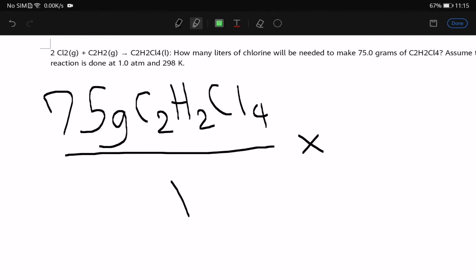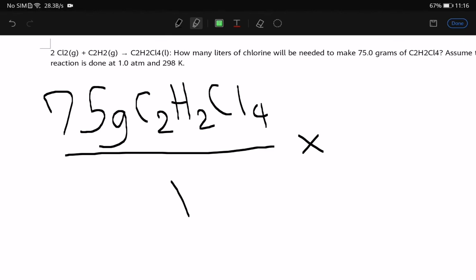Carbon has a mass of 12 times 2, which is 24, plus hydrogen, which has an atomic mass of 1 times 2, then of course 2, and then chlorine, whose atomic mass we approximate to 35.